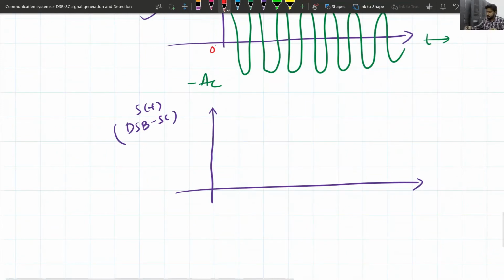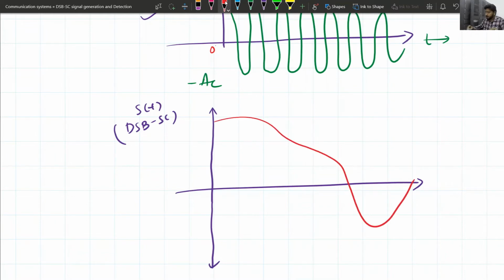So it will be represented as, let's say this is, let me draw a dotted line.